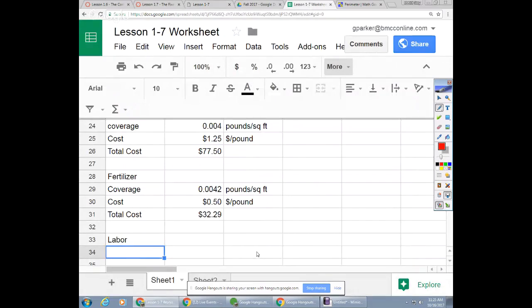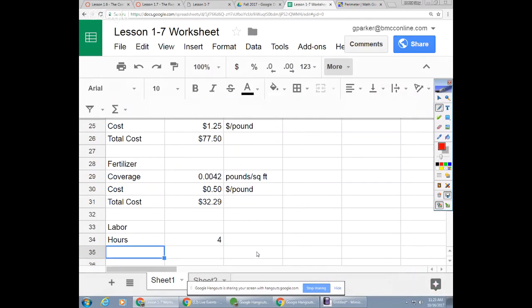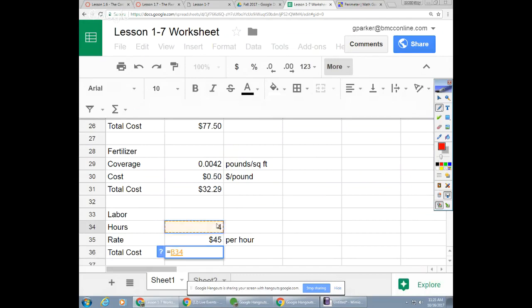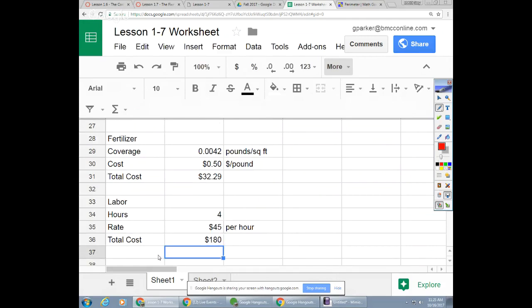Okay, so we have hours for labor, and the rate is $45 per hour. So the total cost there, labor, is going to equal the product, number of hours times the dollars per hour, 180.